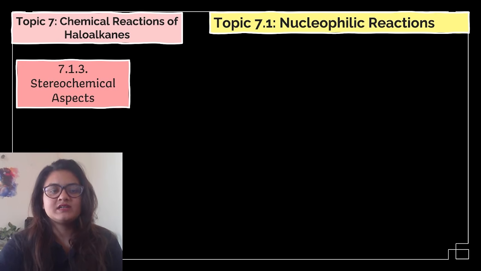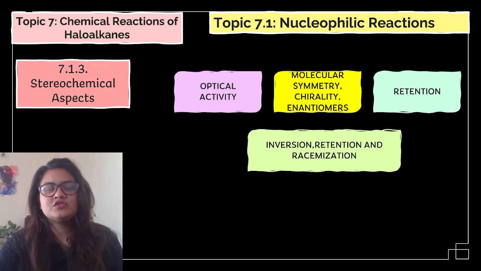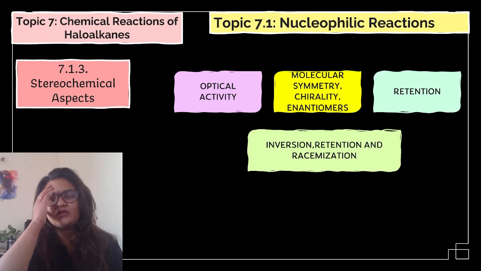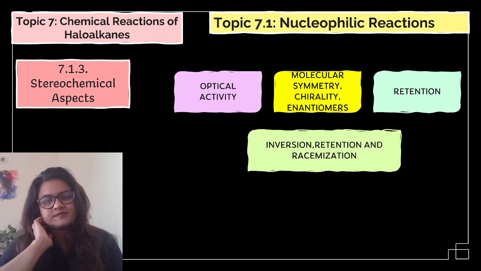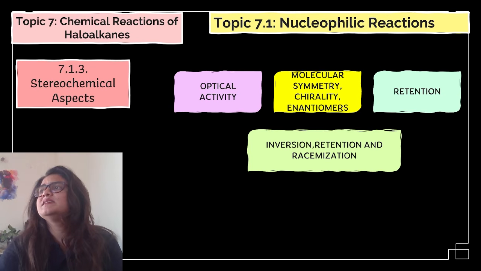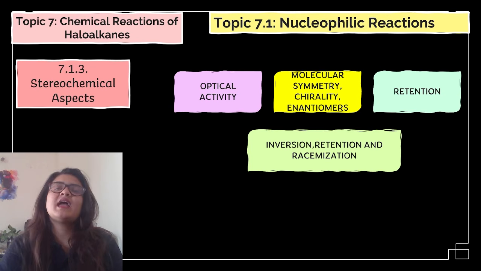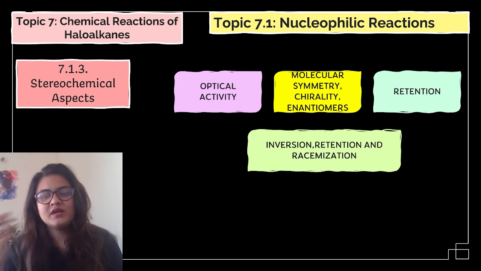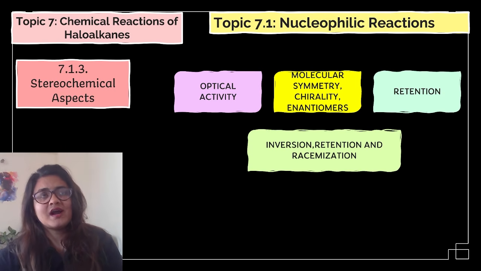Let's proceed further. From the stereochemical point of view, first optical activity, I already told you. If you are proceeding with the reaction with some optically active compound, then in an SN1 reaction you will end up with a racemic mixture, racemization, right?